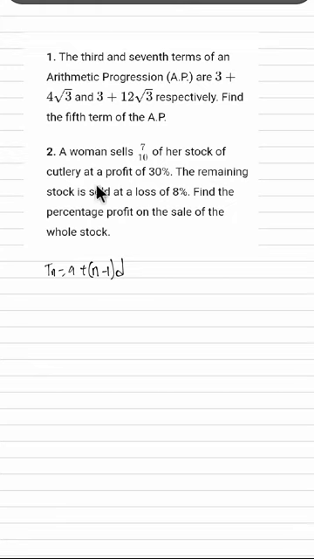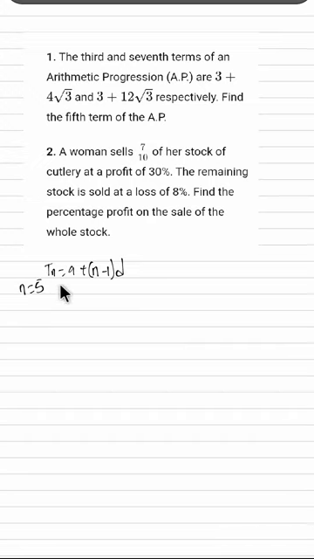Now, let's read the question again and derive our formula for the fifth term of the AP. To find the fifth term, it means that n is equal to 5.